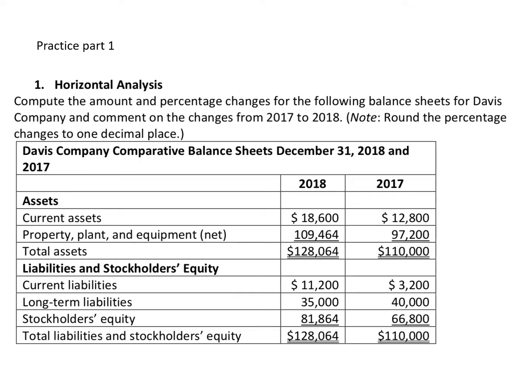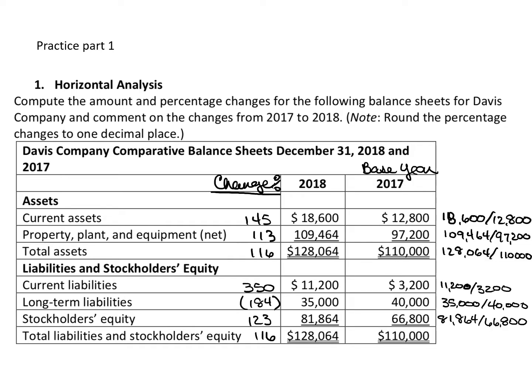Here's an example of horizontal. Horizontal means you're going across the financial statement. As you can see, we have a base year, which is the oldest year, and we take any succeeding years in proportion to that base year. So we're looking across to see how much the particular accounts have grown from the base year or the baseline.